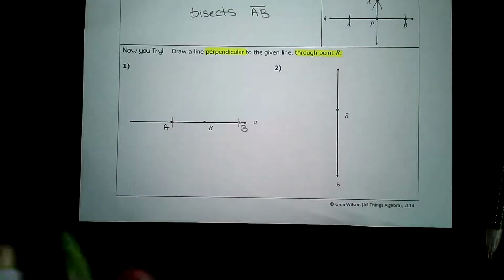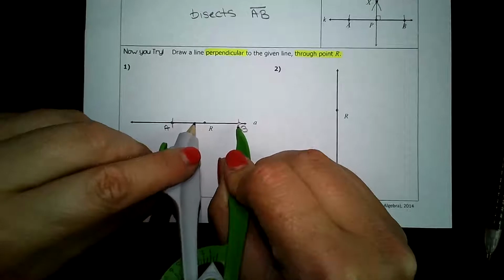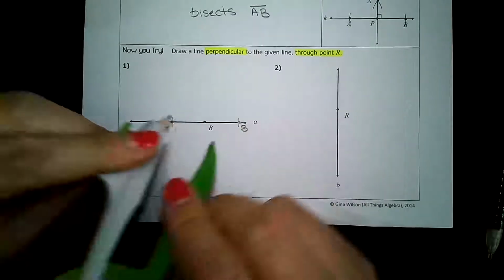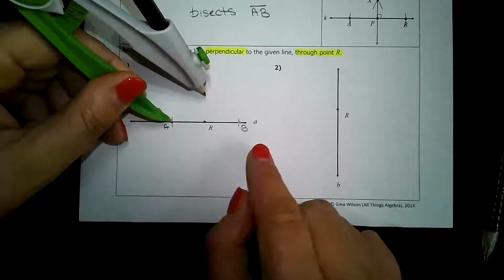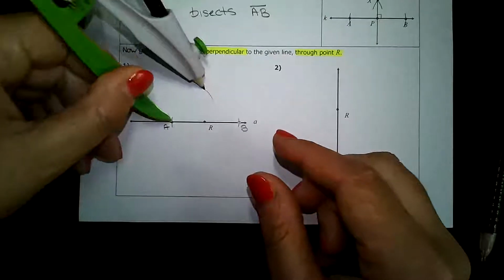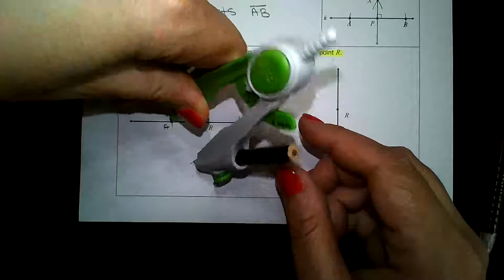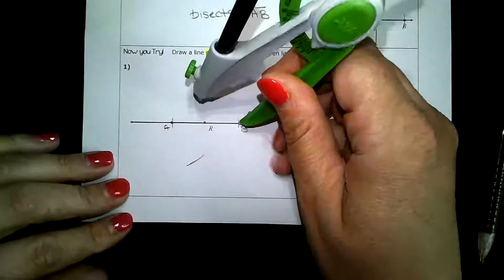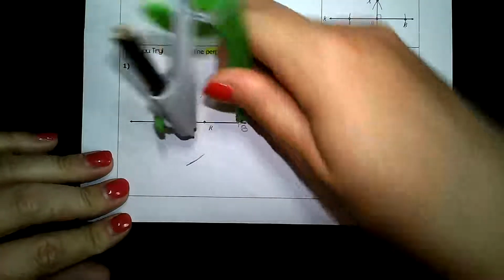Now I can complete the construction that I'm already familiar with. I need to open my compass up wide enough so that when I create 2 arcs, one coming from A and one coming from B, it'll intersect. So let's see. Arc up top. Now I know this set of directions says I don't have to have one on bottom, but it's just less for me to memorize if I do the same thing over and over. So I didn't change my compass setting, and I'm creating these intersections.